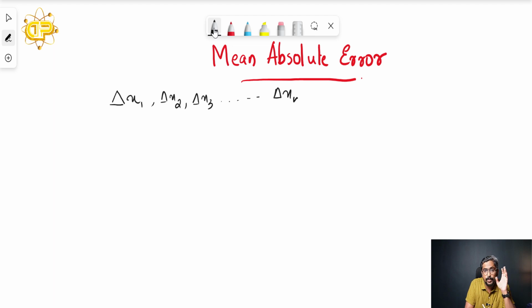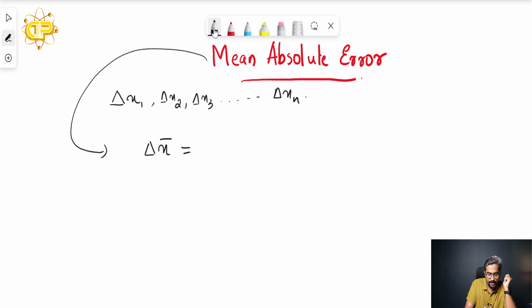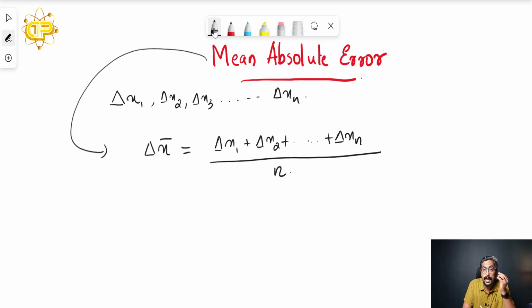Then the mean absolute error, delta x bar, is equal to delta x1 plus delta x2 up to delta xn, divided by the total number of readings, that is n. Then I get a very important term, the mean absolute error.